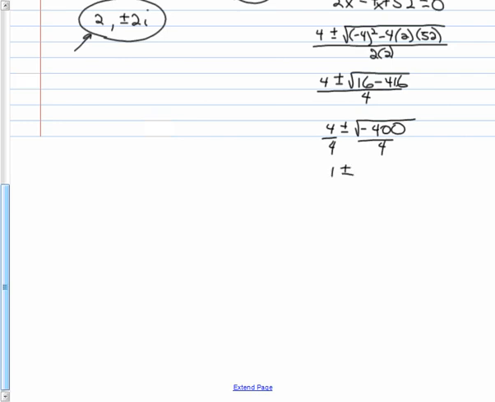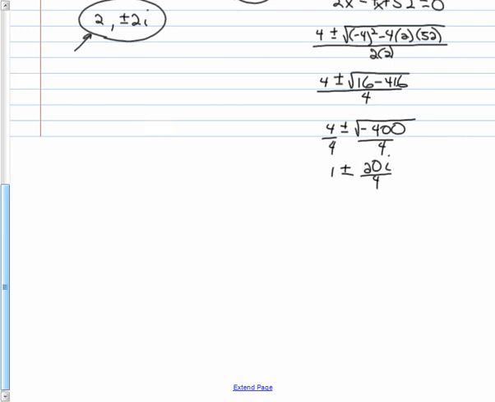Plus or minus, what's the biggest perfect square that goes into 400? Or maybe we can take the square root of 400. What is the square root of 400? 20. So I have, since it's a negative, 20i over 4.